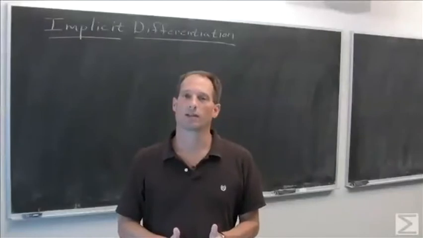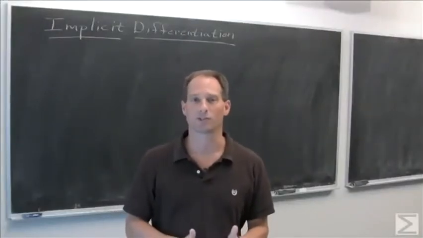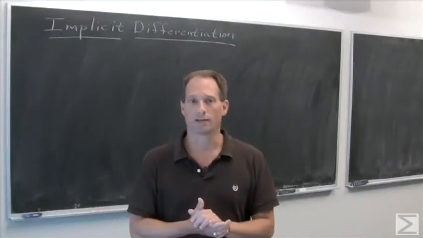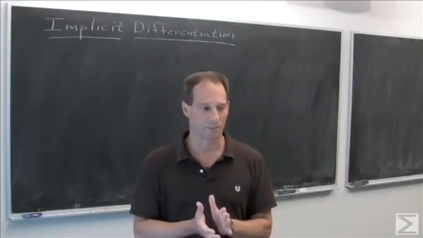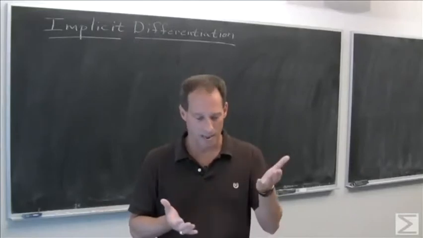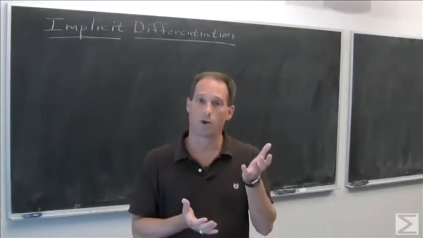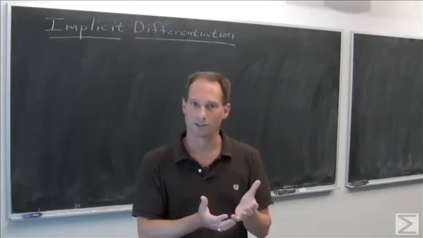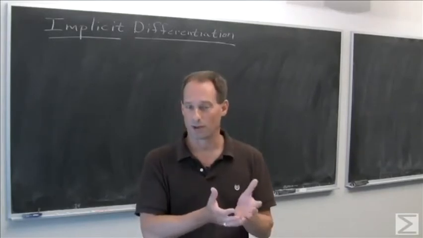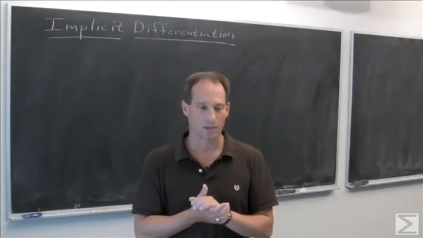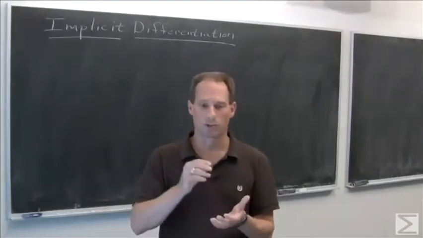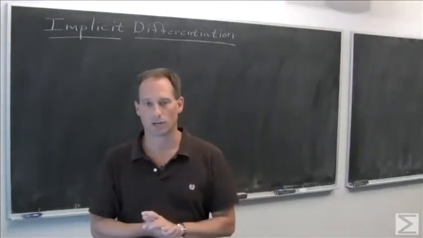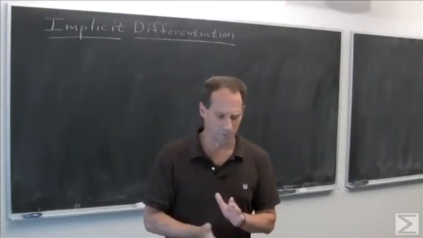In the section on level curves, level surfaces, level sets, we used in a strong way the implicit function theorem, to know that at a point on a level set where the gradient of the defining function is not 0, the level set was smooth and the tangent vectors were exactly those vectors that were perpendicular to the gradient vector.